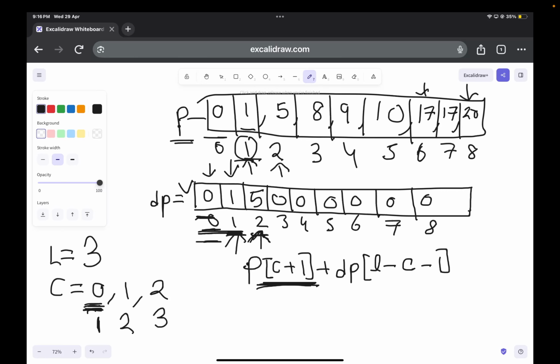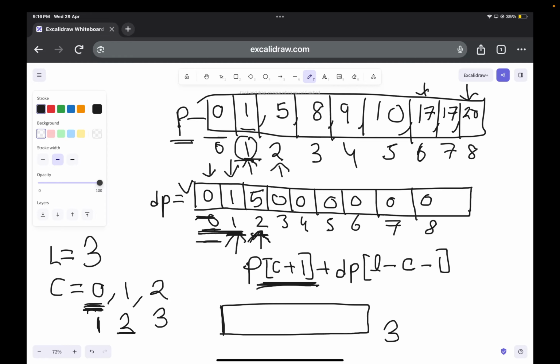Okay. Now see, 2 means what? Everyone observe. First length is there, 3 length is there. What are the possibilities you can cut? 3 possibilities are there, right? First is 0.